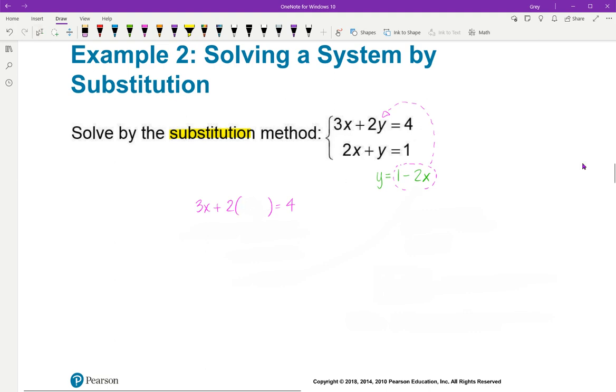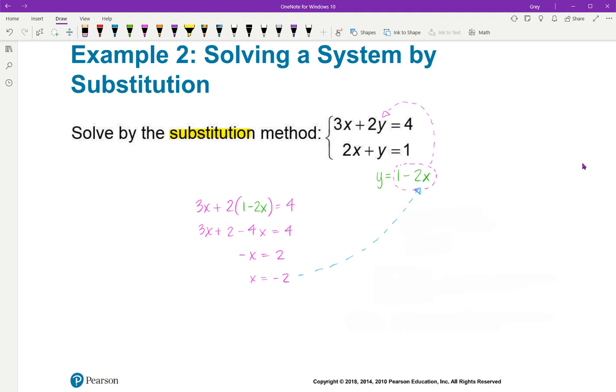And what am I going to substitute? 1 minus 2x. Then I'm going to distribute and simplify the terms and find out that x equals -2. And when I find x equal to -2, then I'm going to plug it into the equation that I solved for y, which is right there. So that's where I'm going to plug it in.